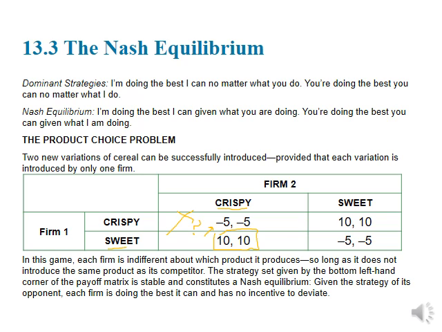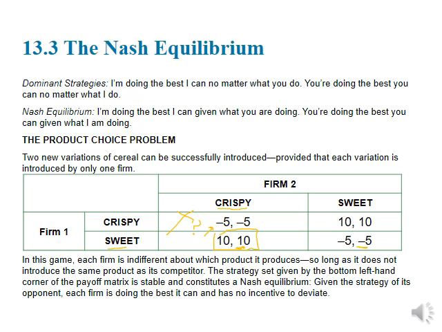Same thing for firm 2. Firm 2 is making $10. They have no incentive to switch and start making a sweet cereal where they'd be owing $5. In other words, neither firm has an incentive to deviate.